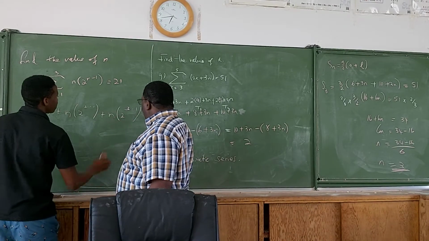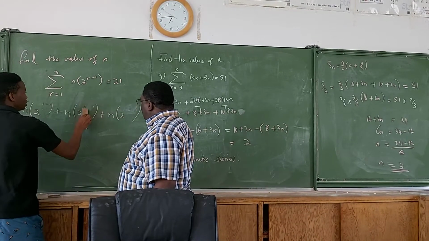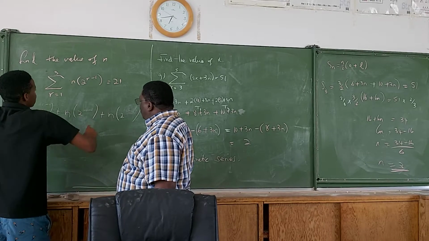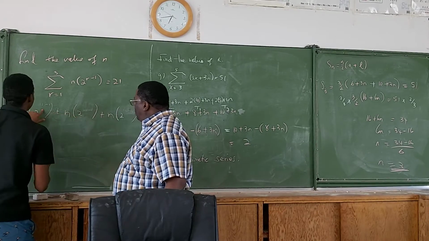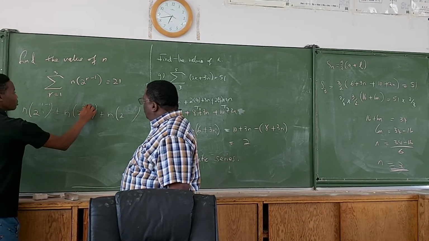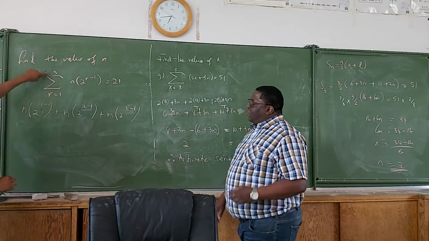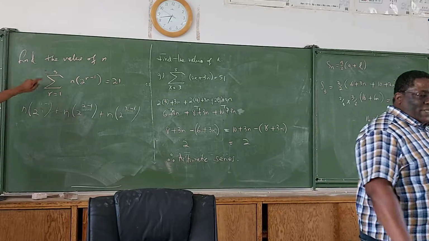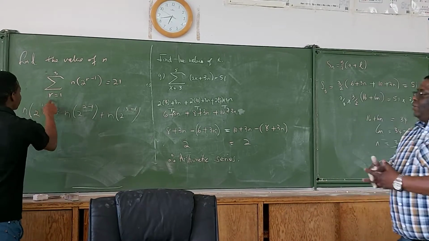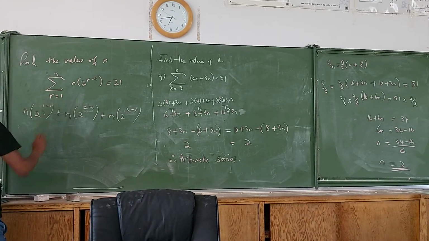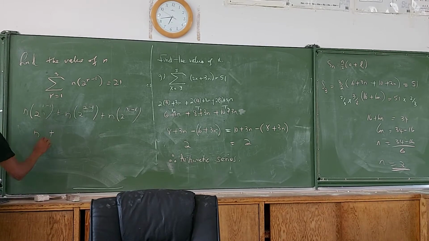Can you tell me what this is? 3 minus 1. And this dot is what? Yeah, because it just got to 3. Go on, please. Start at 1. Yeah, 2 raised to 0.